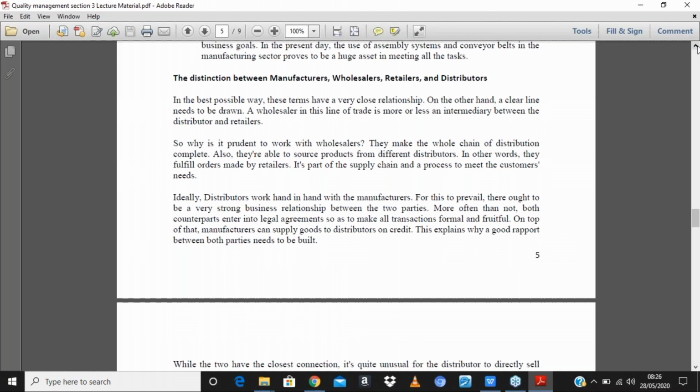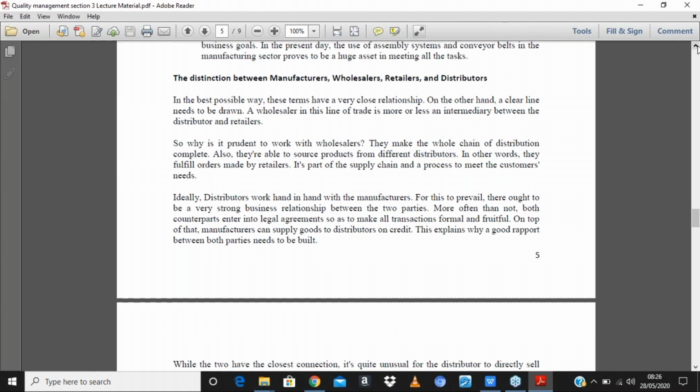Now, who is a wholesaler? After a manufacturer has produced his product, a wholesaler is an individual or a company that can buy in large volumes of quantity.